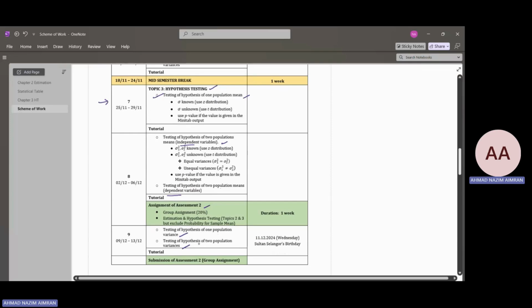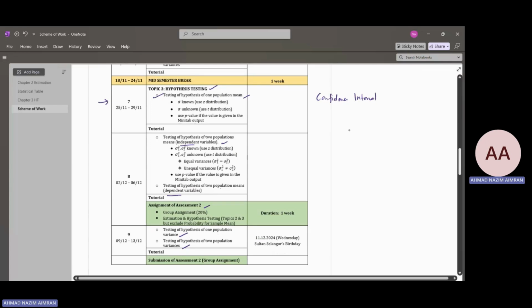And if you notice, all of these subtopics have actually been discussed in chapter 2. It is just that in chapter 2, we just discussed how to calculate the confidence interval.